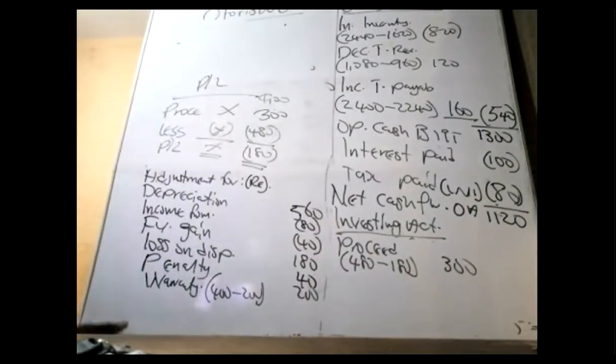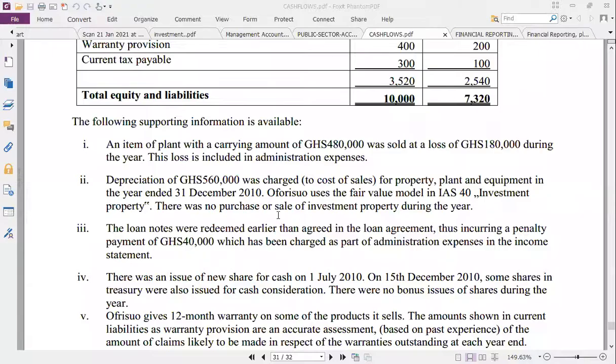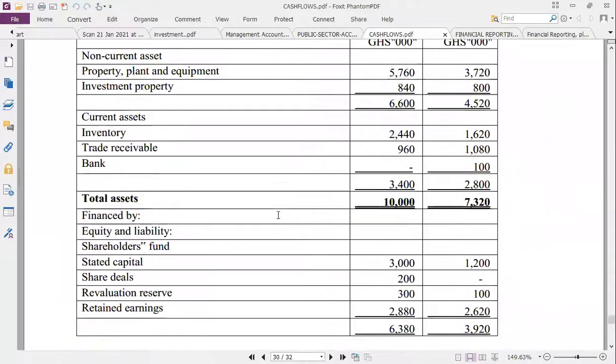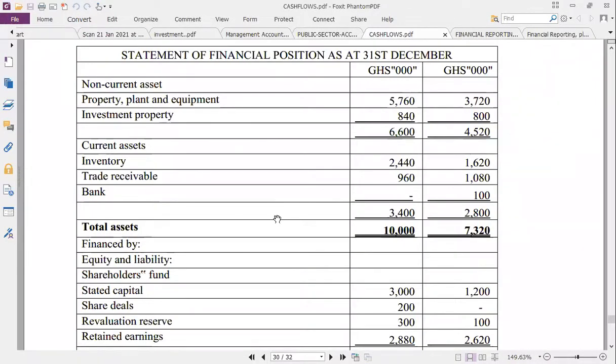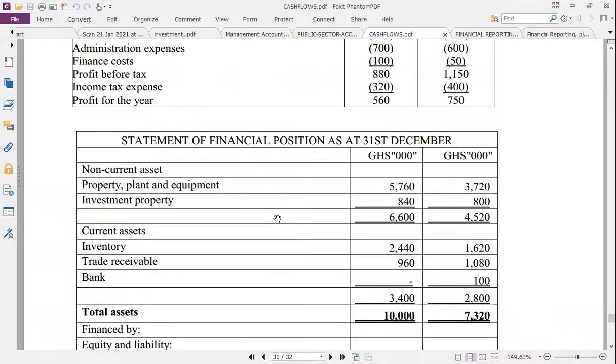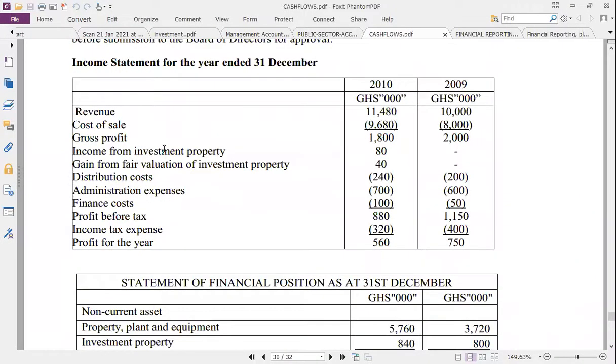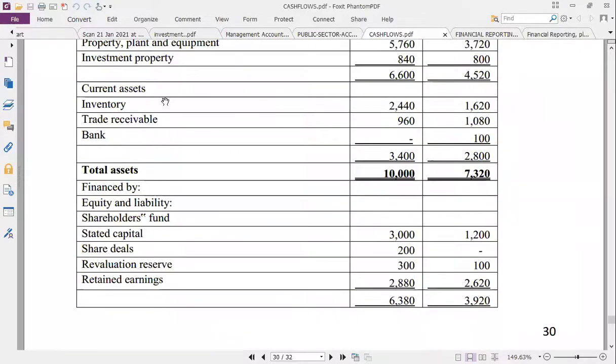The second item that we need to look out for is the rental income that they received. This rental income they have received is 80,000. Kindly add it. How sure are you? It's not in the current assets, meaning that the money has been received.